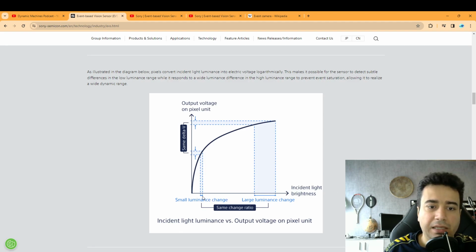As you see, it doesn't matter how much the luminance changes, the output voltage or delta V is always the same. And that's a great benefit to detect the value of the object in any circumstance, any light condition. It is very robust, I would say. Without any post-processing, you can get these values, and it's very worthy.